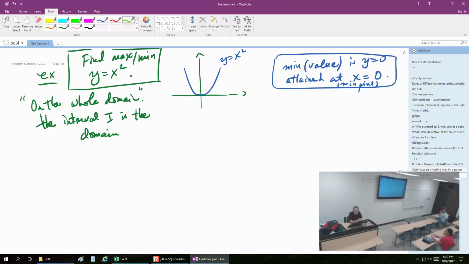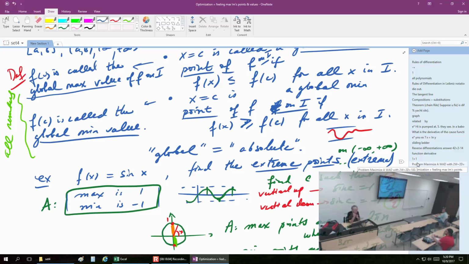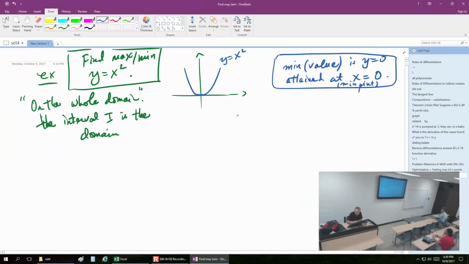What remains is to find appropriate language to express what we understand already. The simplest is to go straight to the definition. You would say there is no such c that would satisfy this condition. f of c is supposed to be larger than or equal to f of x for all x.